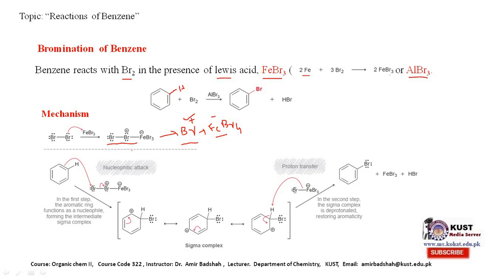So what may be the state? Let us say we have treated benzene with the complex form of the electrophile. Here benzene, which acts as a nucleophile in the first step, attacks this electrophile, and when it attacks, what will happen? A sigma complex will form.